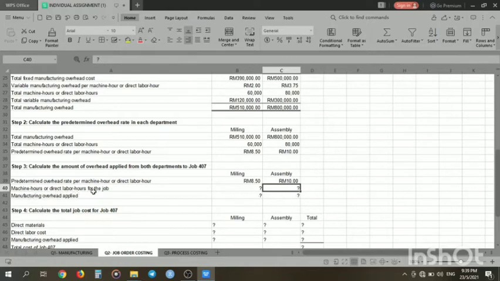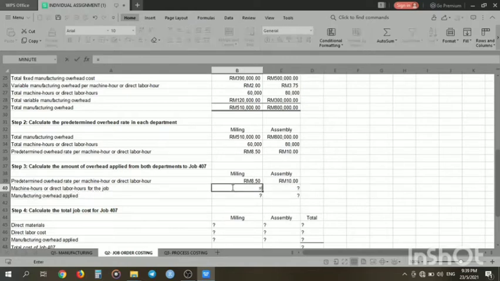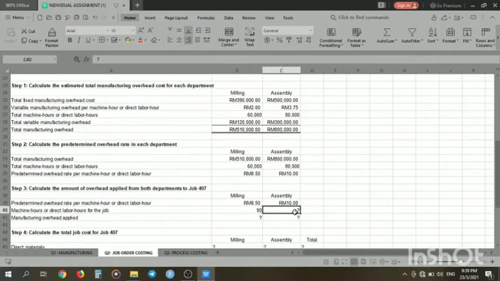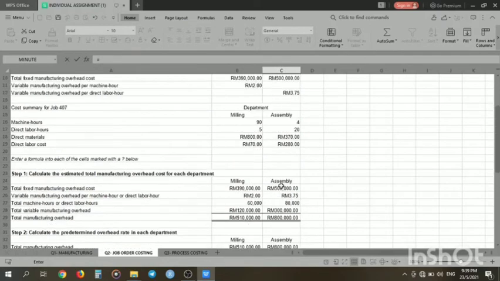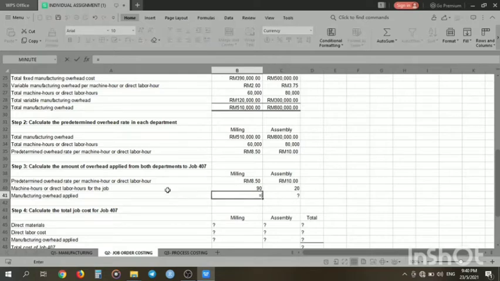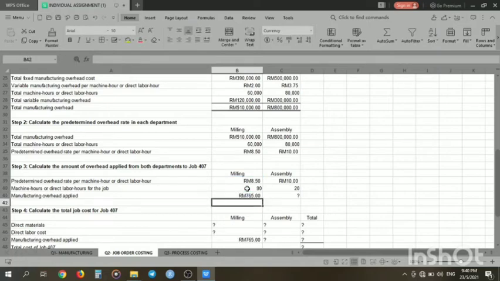For the machine hours or direct labor hours for the job, we took the amount from the cost summary for job 407: for milling 90 machine hours, and for assembly 20 direct labor hours. To get the manufacturing overhead applied, we multiply the overhead rate per machine hour or direct labor hour by the machine hours or direct labor hours for the job.